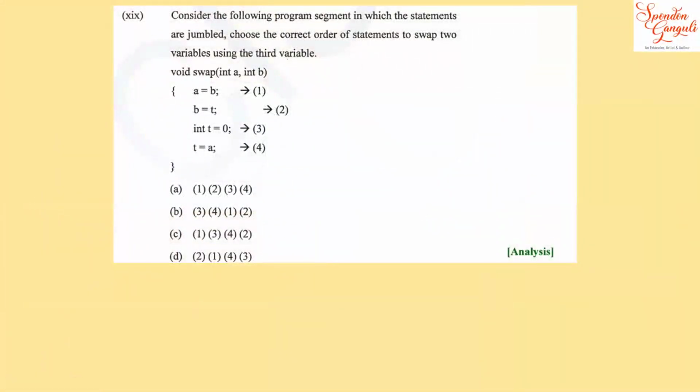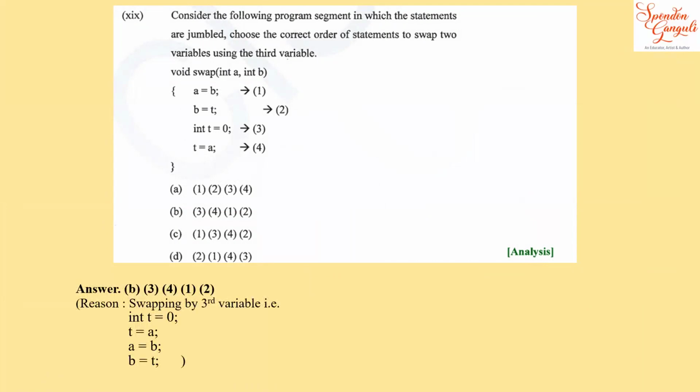Number 19. Consider the following program segment in which the statements are jumbled up. You have to arrange it in an orderly manner so that it will swap two variables using a third. So we all know how we do swapping. See the swapping using a third variable: int t equals 0, t equals a, a equals b, b equals t.